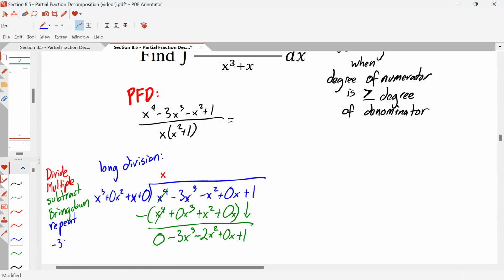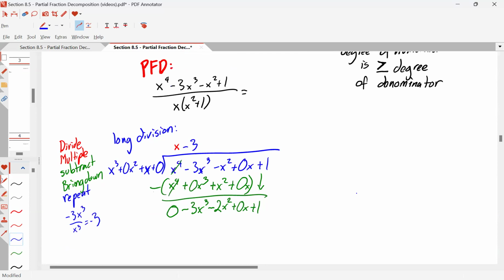Negative 3x cubed divided by x cubed is just negative 3. Negative 3 times everything out front is negative 3 times x cubed is negative 3x cubed. Negative 3 times 0x squared is 0x squared.